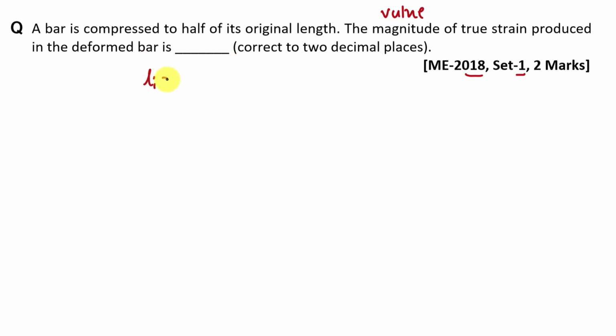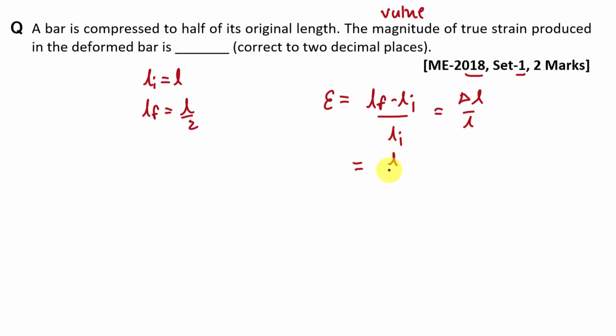Let's say initial length is L, then final length will be L by 2, because this bar is compressed to half of its original length. So the strain will be final length minus initial length divided by initial length, right? It is delta L by L. So it will be L by 2 minus L divided by L. So finally it will be minus 0.5.